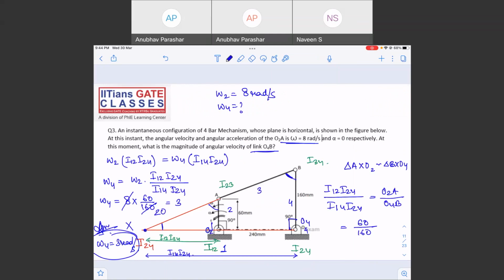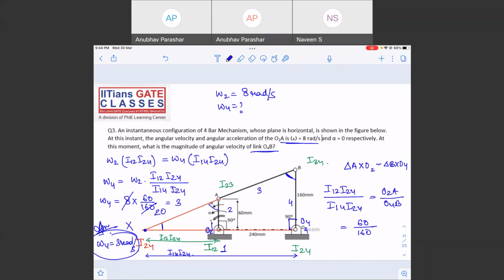For that, you first have to plot all the I centers. Once you have plotted all the I centers, it becomes very easy. If you know the velocity of the first link, you can easily find the velocity of any other link in that mechanism, right? So this is how we find out the velocities.